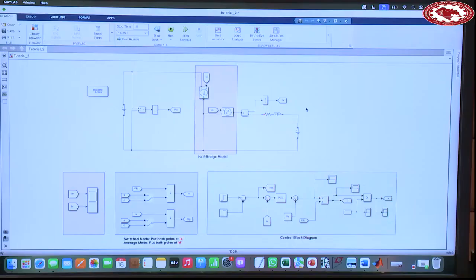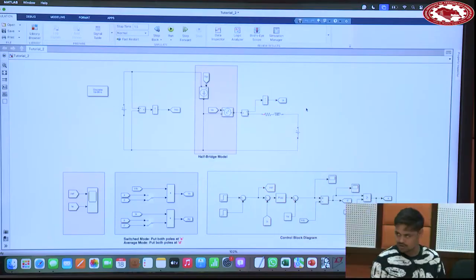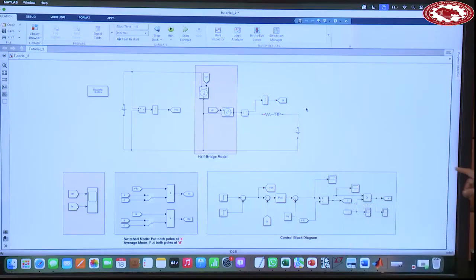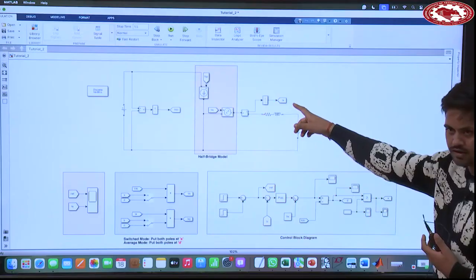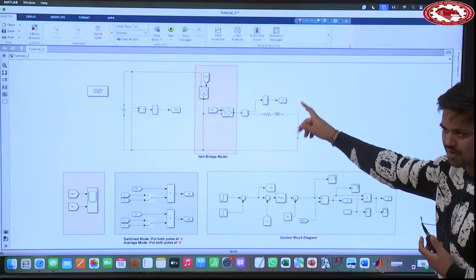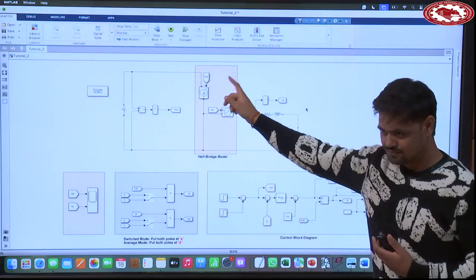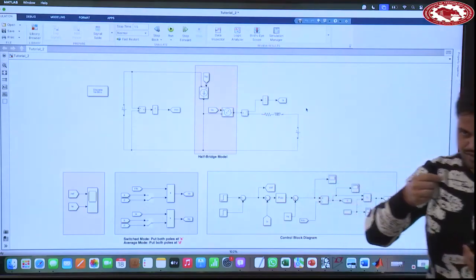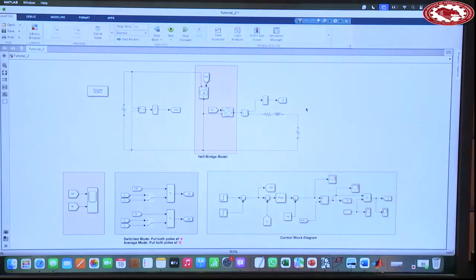The problem we were facing yesterday was the algebraic loop problem. The problem is because this is the output current IA, and the same current is to be used as a source also. So MATLAB gets confused. Which one do we consider first? Because it's at the output and also at the input.